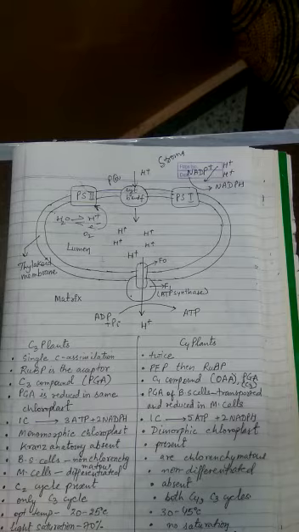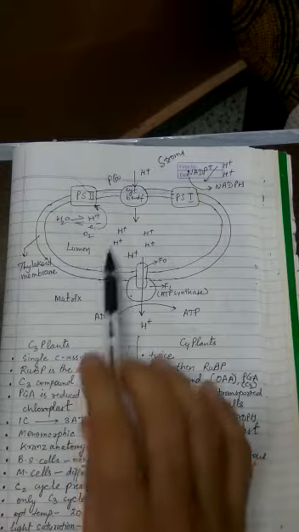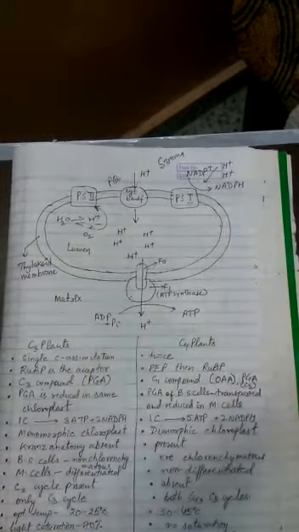Then the plastoquinone will transfer the H plus to the next electron acceptor. But the problem is the next electron acceptor does not receive H. It receives only electrons. So where will the H plus go? H plus will shift towards the lumen again.